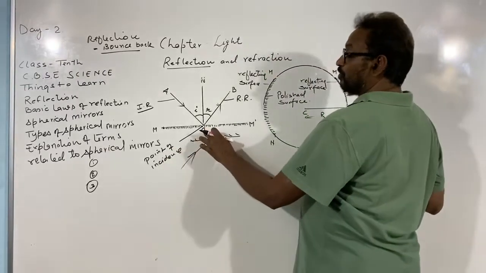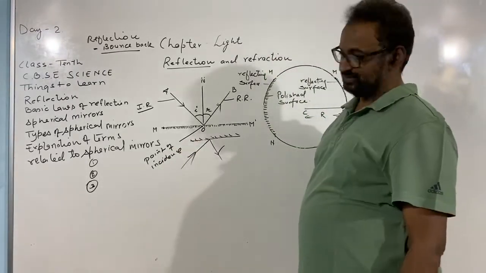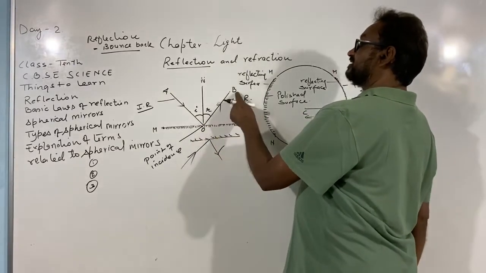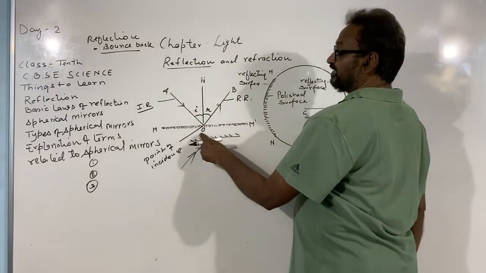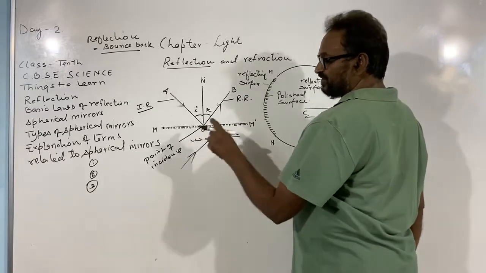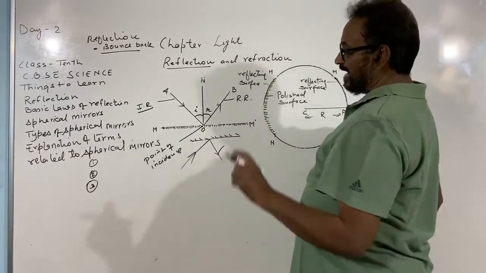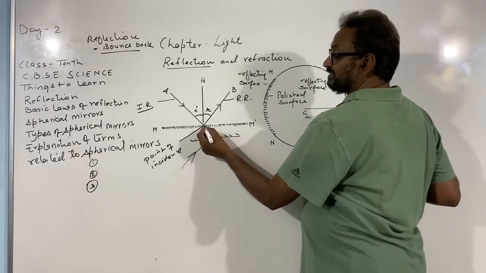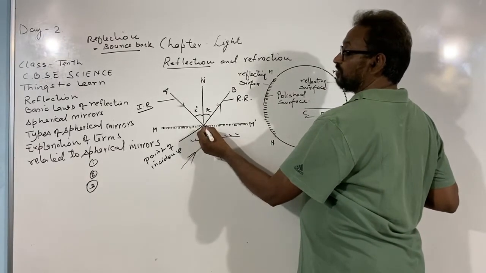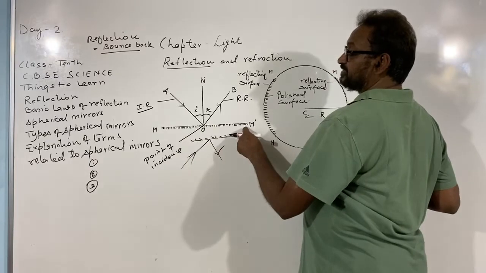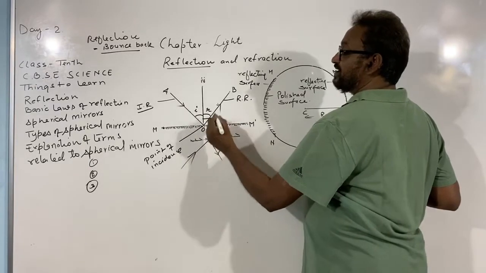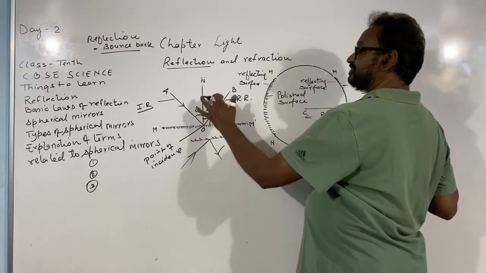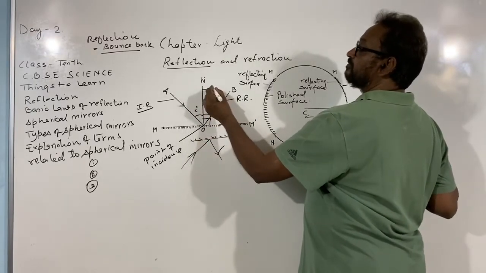So here O is the point of incidence. AO is the incident ray, OB is the reflected ray. A perpendicular drawn at the point of incidence to the reflecting surface is called a normal. Obviously, NO represents a normal.